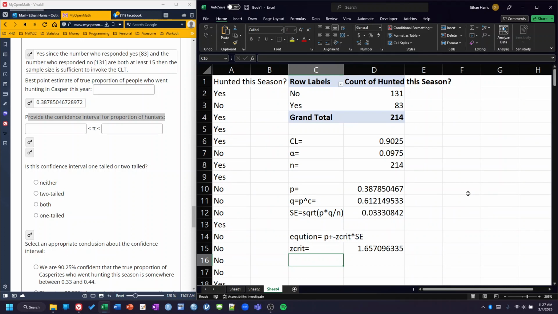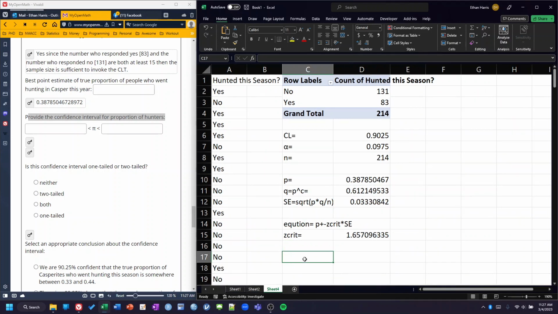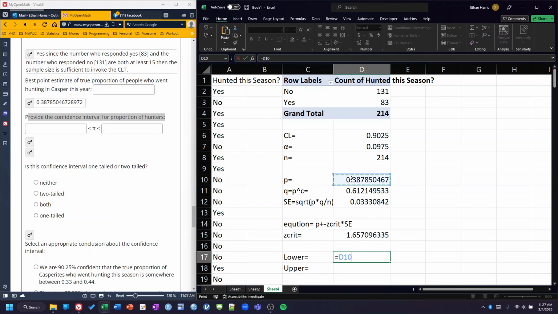Okay, at this point, we are ready to find our lower and our upper values. Our lower value here is going to be our p minus our z critical times the standard error.